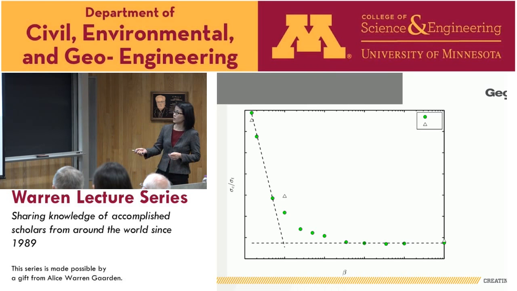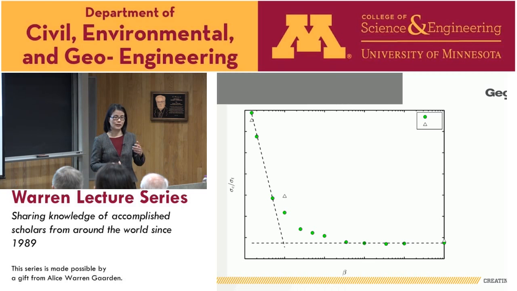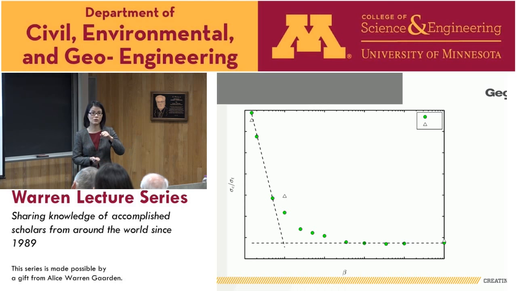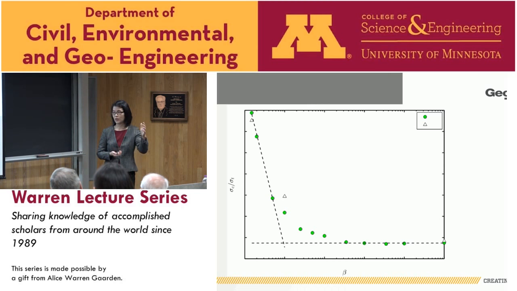Well, I'm pretty sure everybody here is familiar with the concept of a testing machine. You need a stiff testing machine to get the strength of a material, to get the behavior of the material. So in your system, when you have a sample and the machine, the behavior is governed by the softer one.